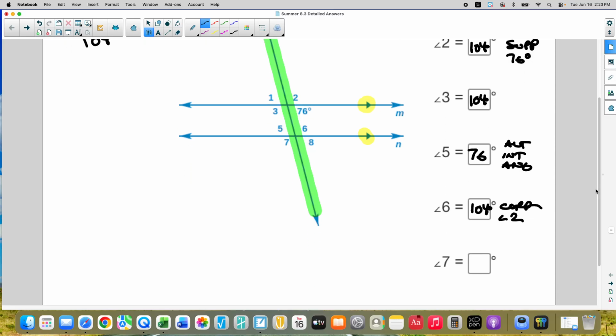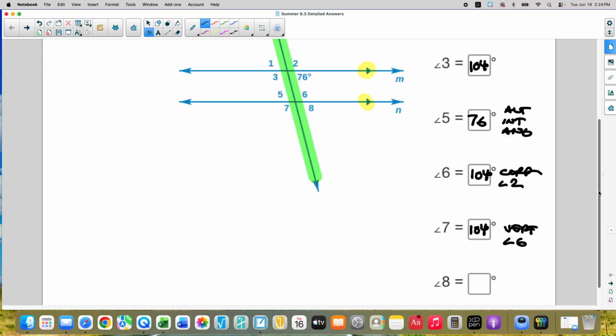And angle 7 is also going to be 104 because they are vertical. It's vertical to angle 6. It is corresponding to angle 3, and it's alternate exterior, because it's on the outside, alternate exterior to angle 2. And I think that those were only, oh, no, angle 8.